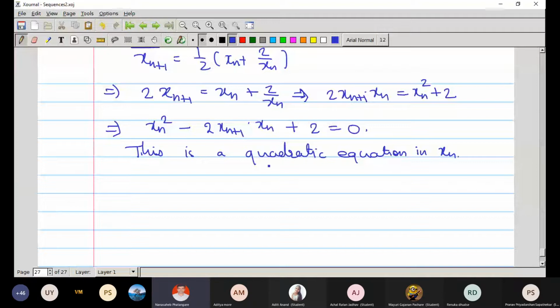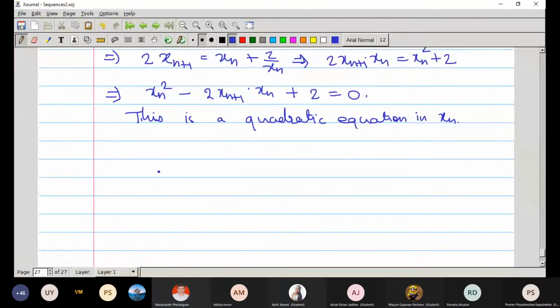And xn's are real numbers, and therefore what is xn from this expression?